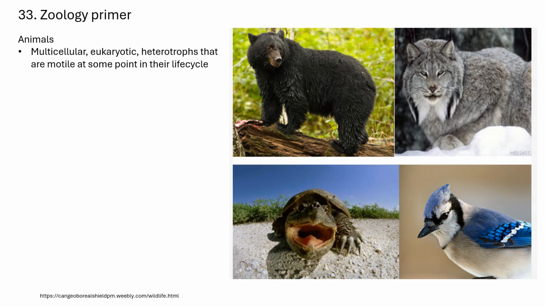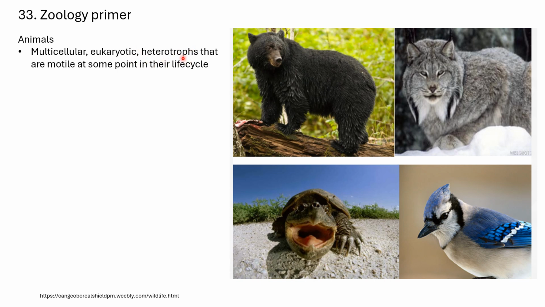I think most of us could name many animals, and hopefully you would include yourself in that because humans are animals. The definition of an animal is multicellular, so more than one cell, eukaryotic, so having a nucleus and membrane-bound organelles, things maybe we haven't talked about in this class, but this should ring a bell for some people who've taken biology. And they're heterotrophic.